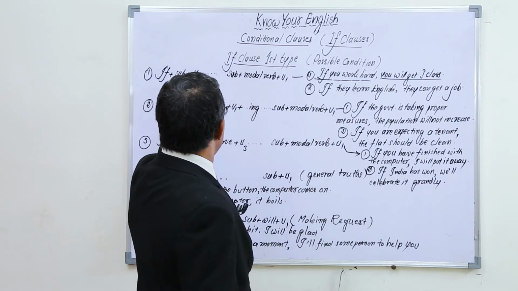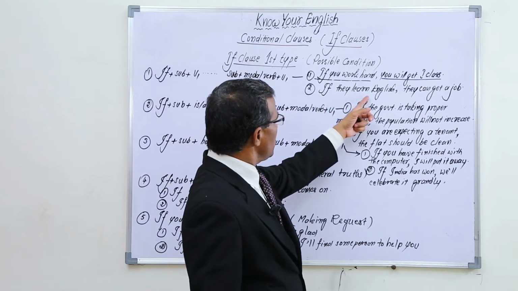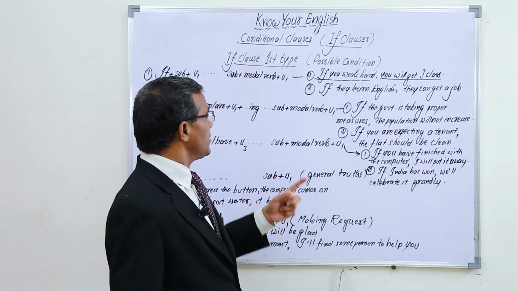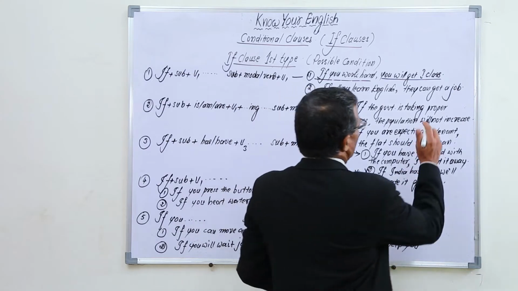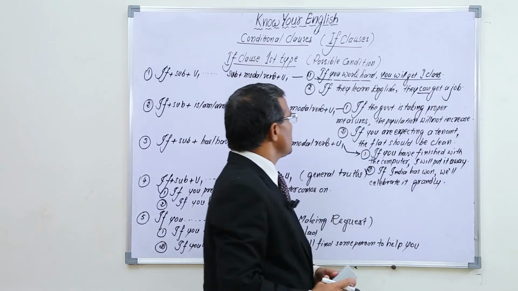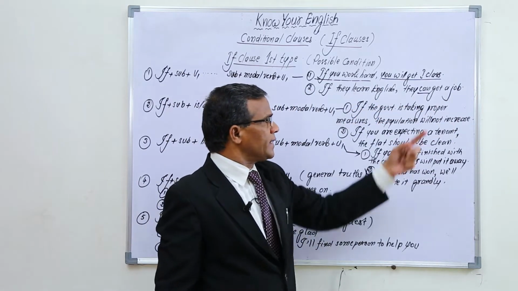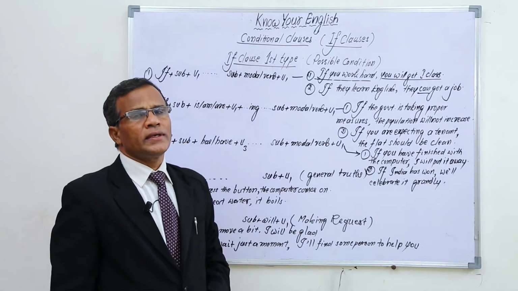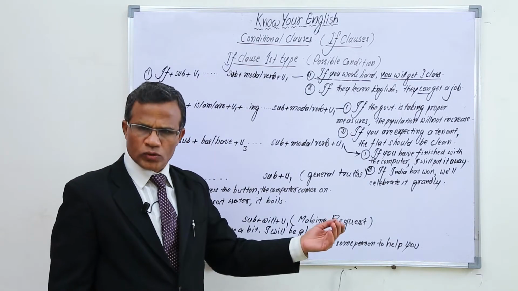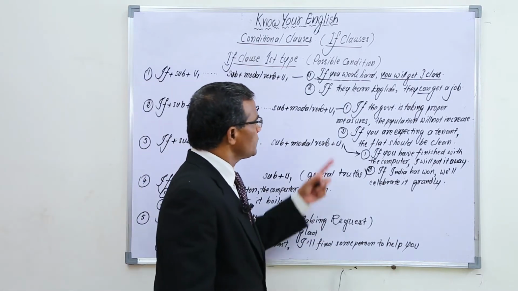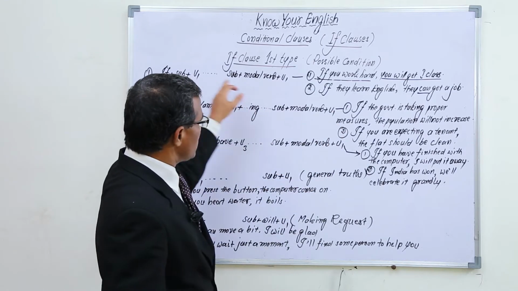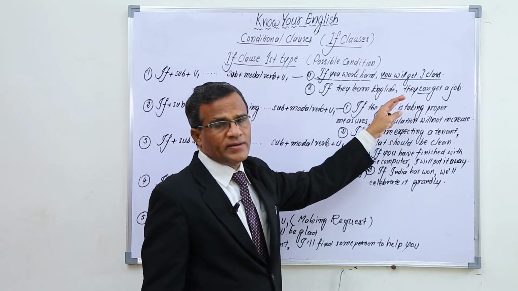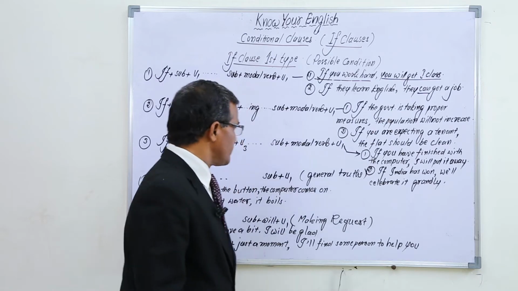As per this, if they learn English, they can get a job. Can is also a modal verb. If they learn English, they can get a job, which means there is a chance for them to get a job. So according to this structure, we use sentences in our day-to-day life for possible conditions.